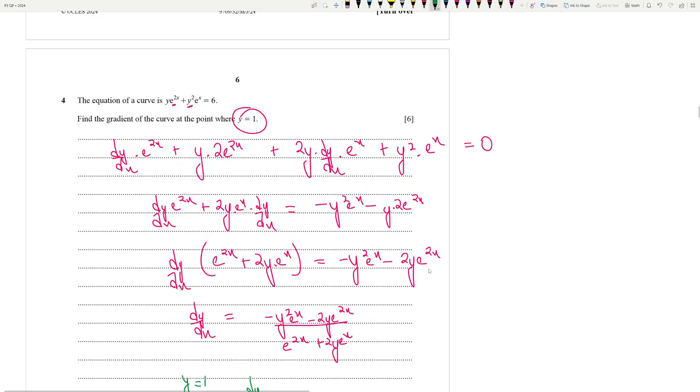So we can find out the value of the x coordinate as well. So 1 e to the power twice x plus 1 e to the power x equals to 6. Okay.